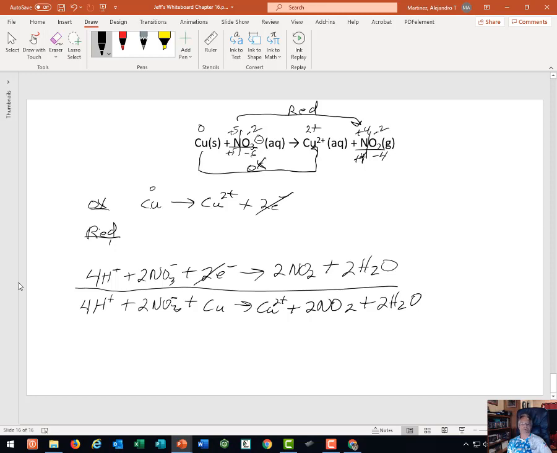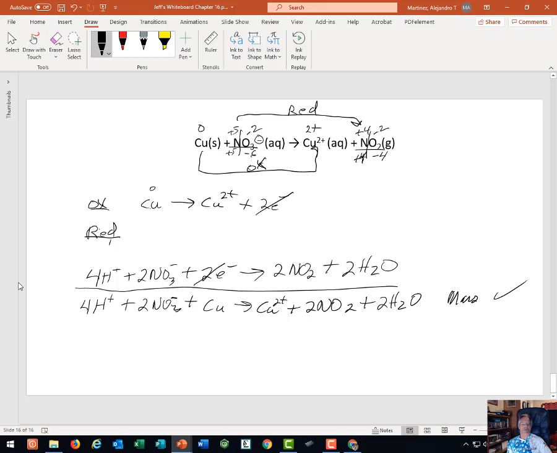We've got 4 hydrogens, 2 nitrogens, 2 nitrogens, 1 copper, 1 copper. Let's check the oxygens. 2 times 3 is 6, 2 times 2 is 4, plus 2 times 1 is 2, that's 6. So mass is balanced. Let's check charge.